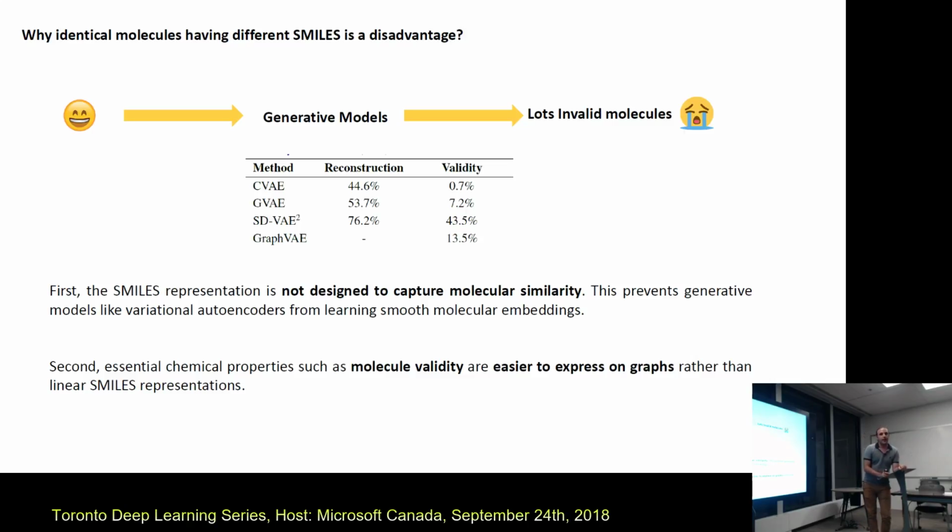What's the issue? NLP is highly reliant on strings and how they are formed. When you end up having completely different strings and information for two identical molecules, what happens is that eventually you end up generating a lot of molecules that are not valid.